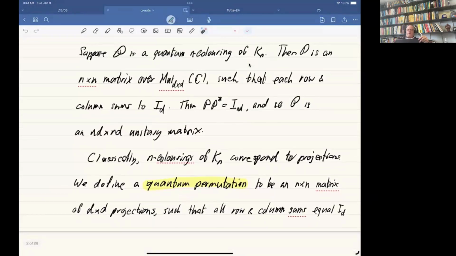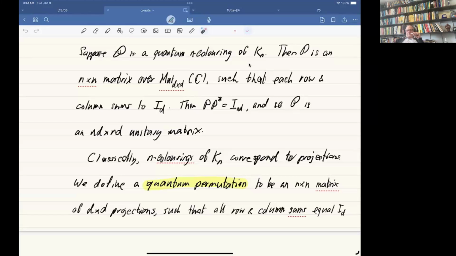There are various wrinkles in this. One thing you need to remind yourself from time to time is that a quantum homomorphism is not a function from the vertices of the first graph to the vertices of the second graph. It is not defined as a function. If you have a quantum homomorphism from one graph to another, there's no way to call it phi.